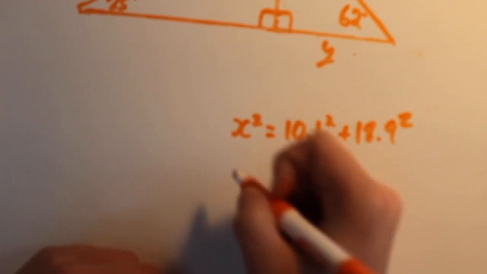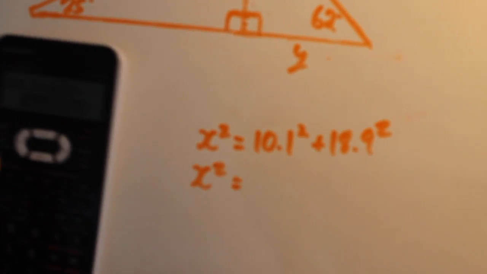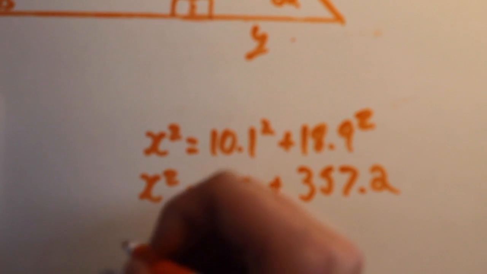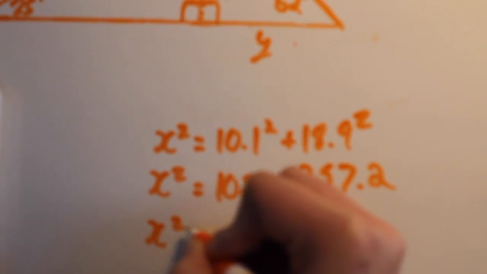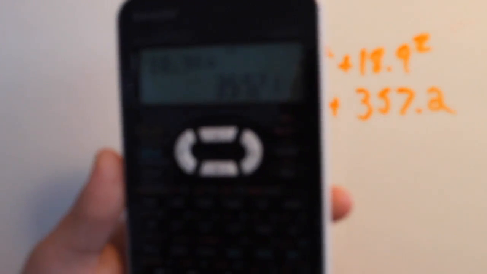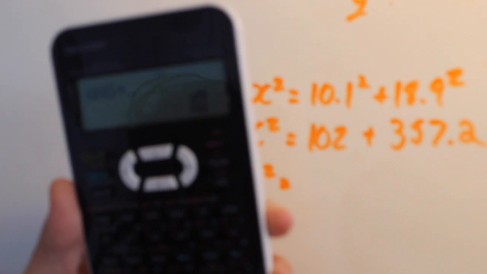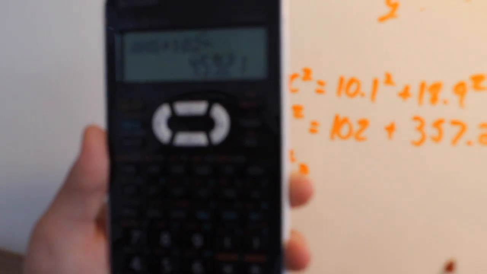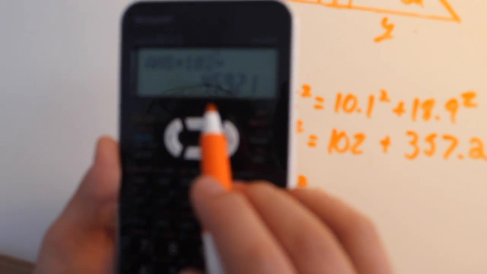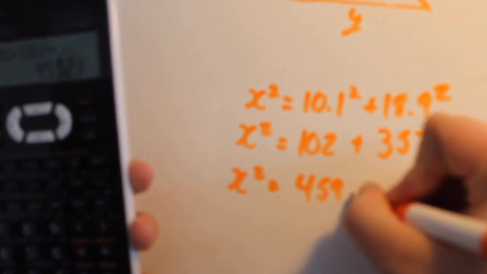So x squared is equal to 102 plus 357.2, which is equal to 459.2.